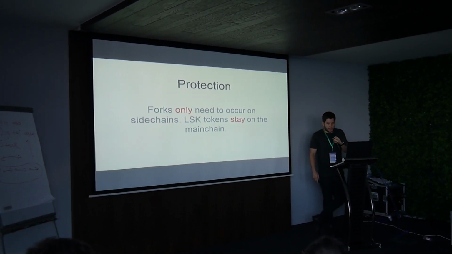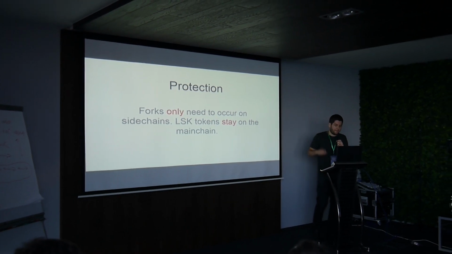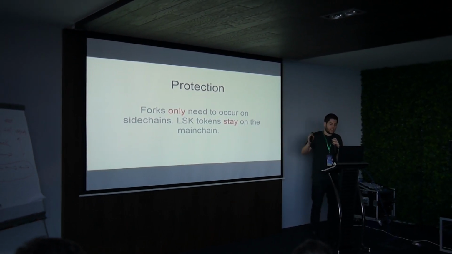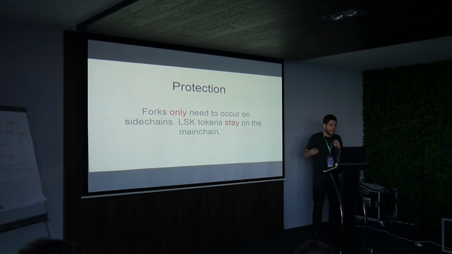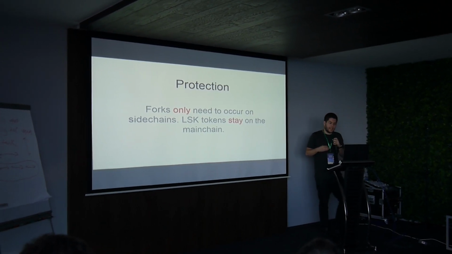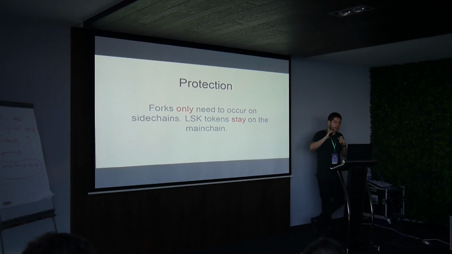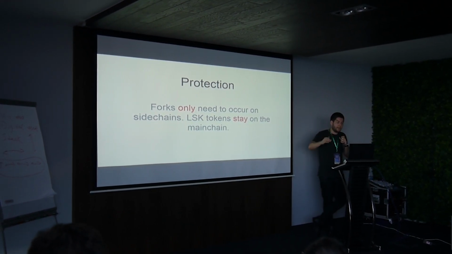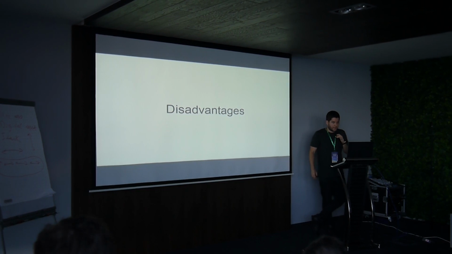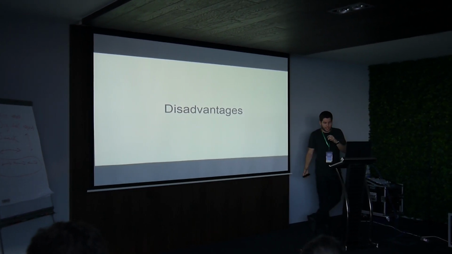Additionally, we are using some kind of federated peg. That means the funds are not really on the sidechain. It's just some kind of a replication. And in the case of a wrongly implemented sidechain or something like that, the funds are still on the main chain and can be retrieved. But it also has some disadvantages, of course.